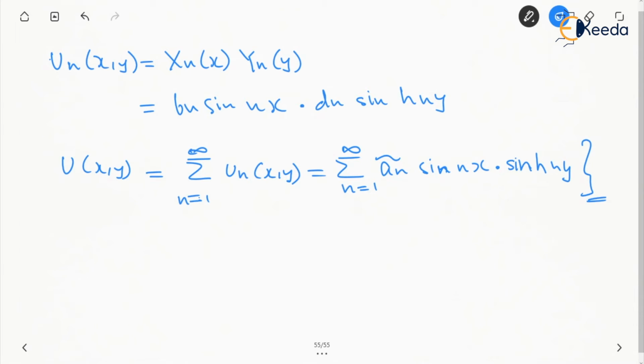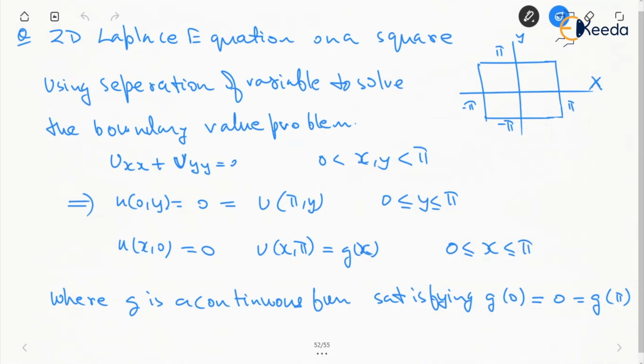And one more condition we have is the boundary condition at y equal to pi, since we are already discussing boundary conditions. We have u x pi equal to gx, right? It is already given in the question. If you see, this is there, right? Ux pi is equal to gx.